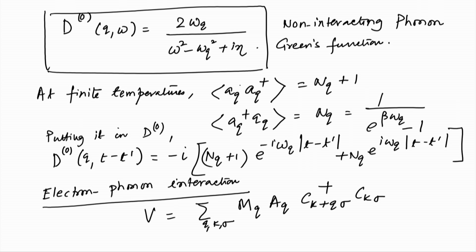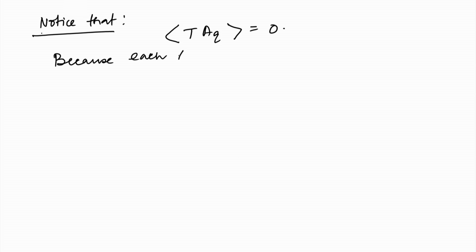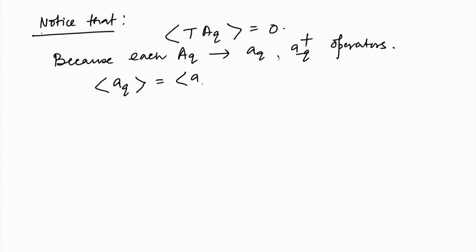Now, something interesting can be noticed here. This term is equal to 0 because each A_q contains a_q and a_{minus q} dagger kind of operators, and the ground state expectation of each one of the terms a_q or a_q dagger is bound to be equal to 0.